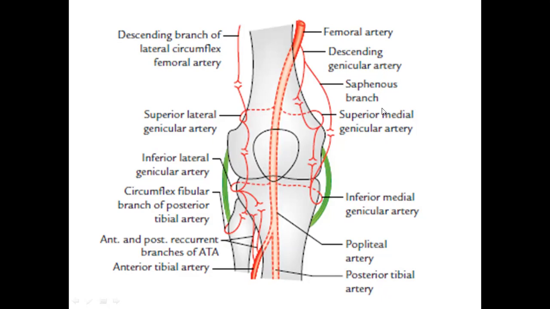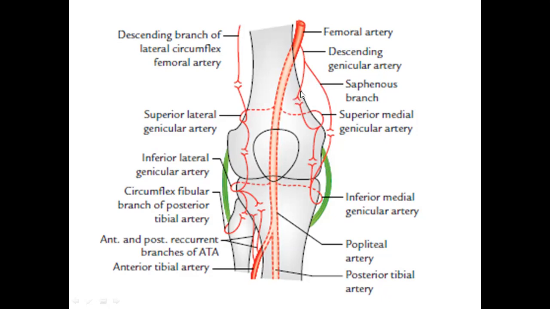The superior medial genicular artery anastomoses with the inferior medial genicular artery, and it also anastomoses with the descending genicular branch of the femoral artery. So this is the descending genicular branch, and this is the superior medial genicular artery. You can see here the superior medial genicular gives two branches, one downward to the inferior medial genicular and one to the descending genicular branch of the femoral artery, and anastomoses with them.